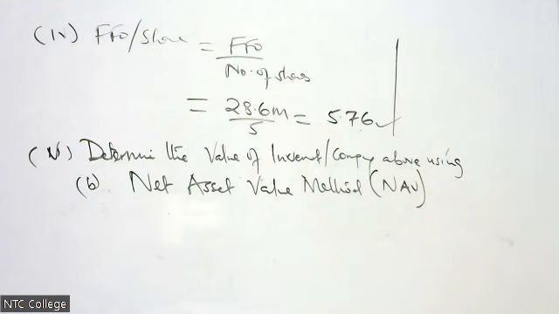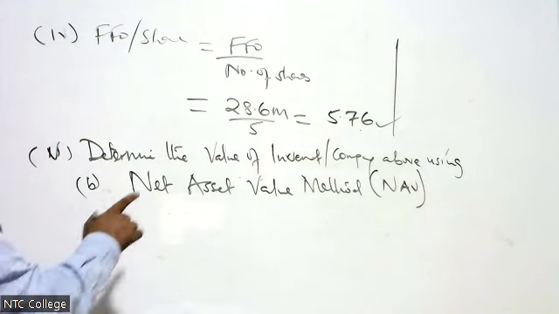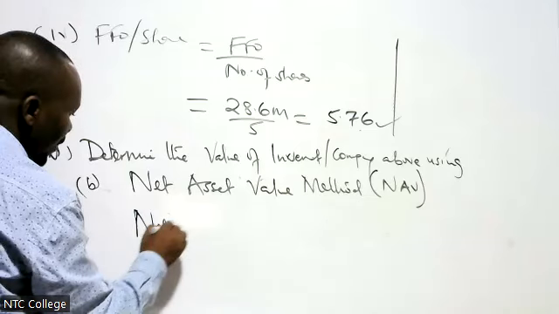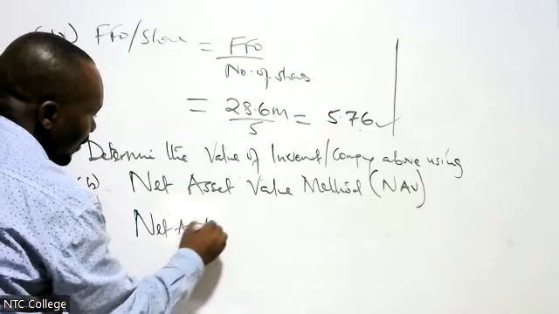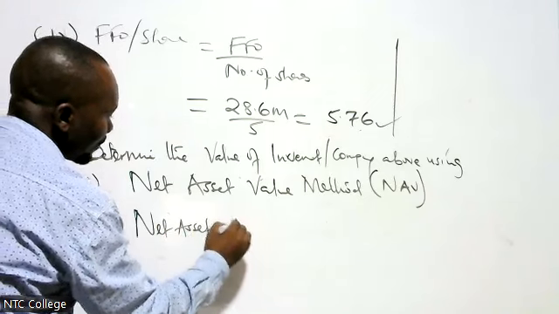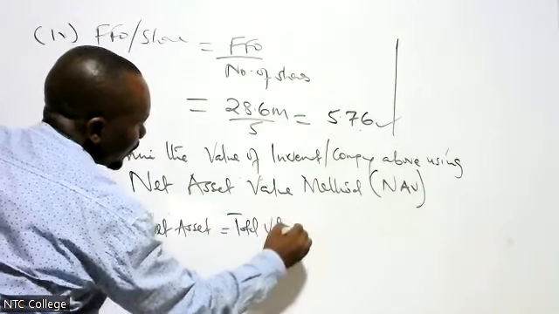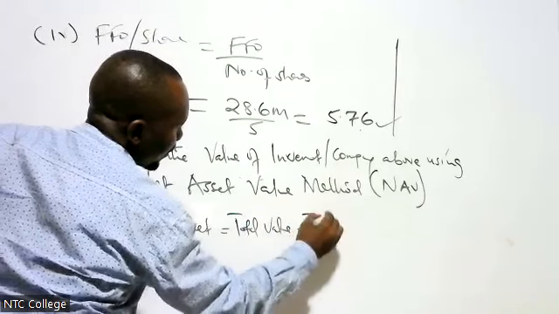We are finally done with the topic now. This method is total value minus total liability. Then we are going to get net asset. Net asset is equal to total asset or total value minus total liability. Ndio.